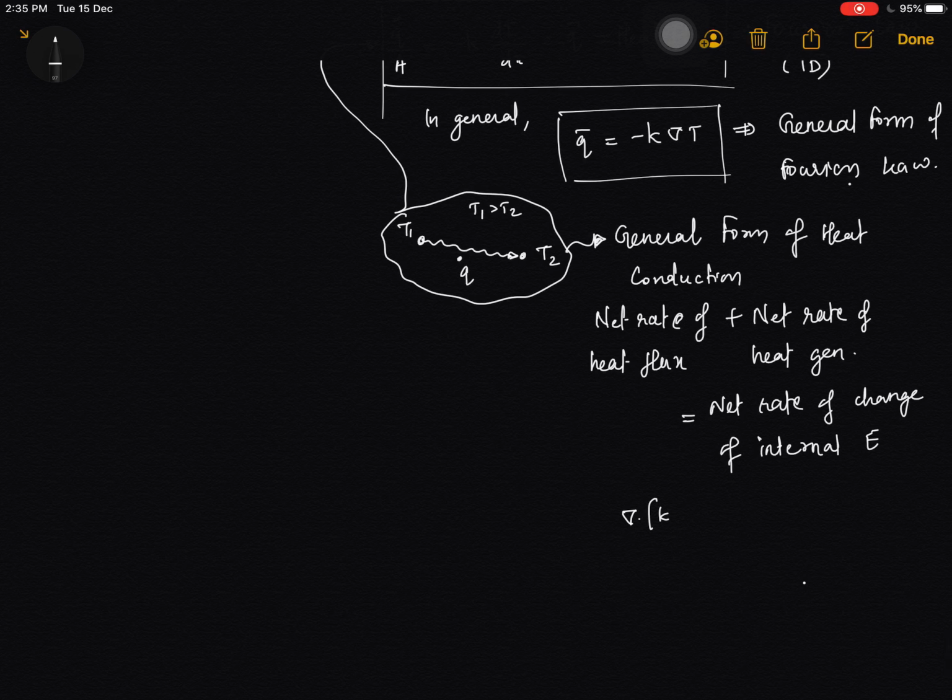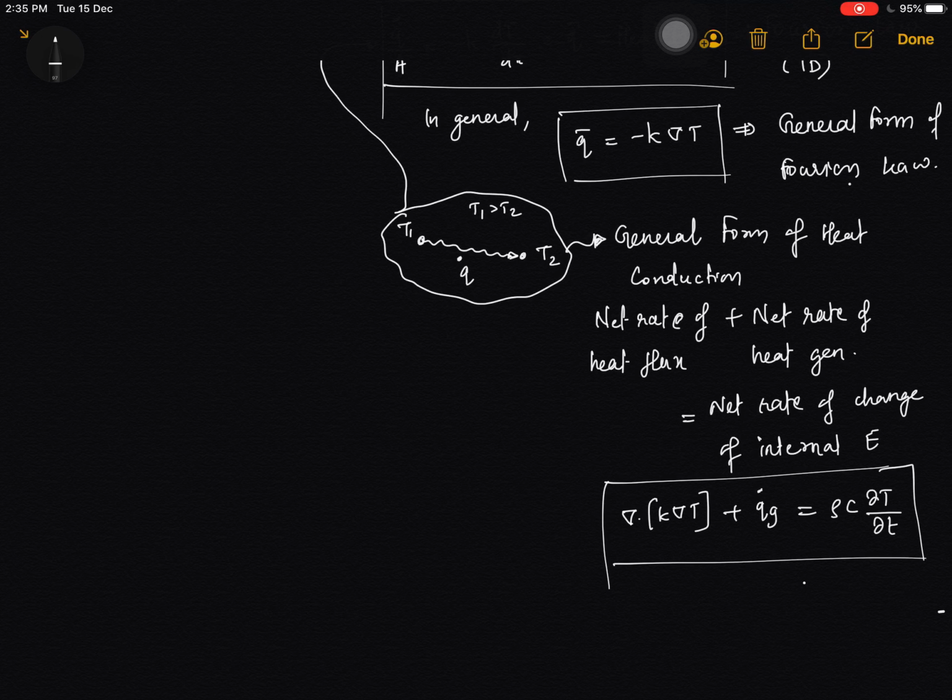This can be mathematically written as del dot (K del T) plus Q dot G will be equal to rho C dT by dt, and this equation is the most general form of heat conduction.